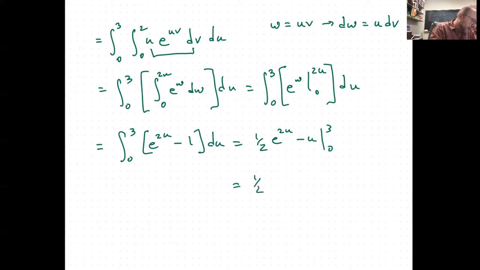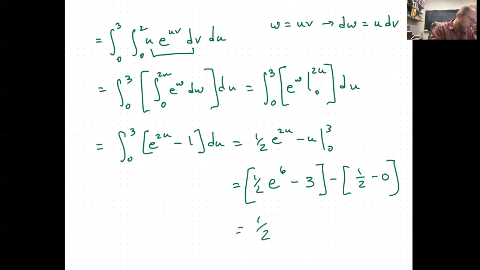So 1/2 e to the 6th minus 3, minus 1/2 e to the 0 minus 0. So we end up with 1/2 e to the 6th minus 7/2. If you want to factor the 1/2 or something, great. Okay.